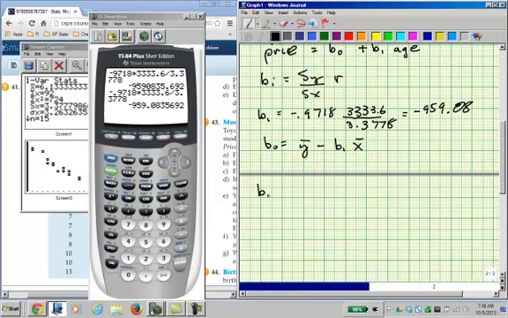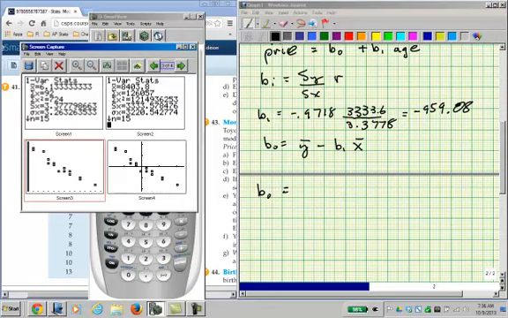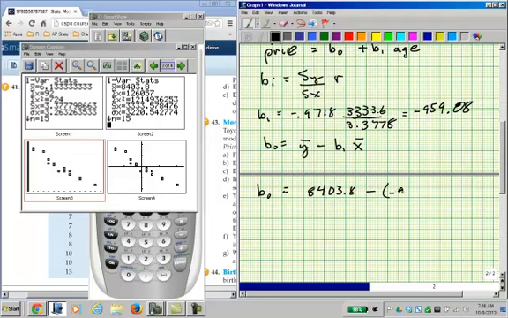So b sub 0 is going to equal y bar, 8403.8, minus negative 959.08 times x bar, 6.1333.